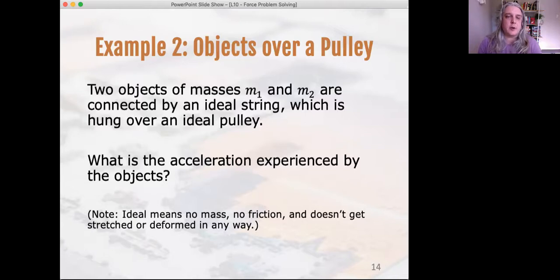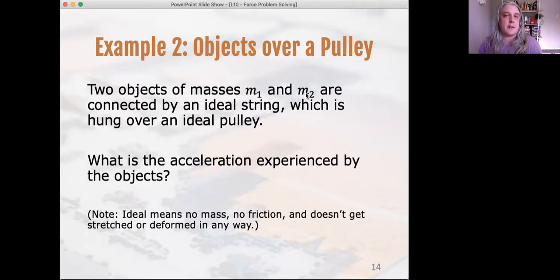So two objects over a pulley, what is the acceleration experienced by the objects? You'll notice that we have not been given any numerical values. We know gravity, sure, but we haven't been told what the masses are. When you are given a question like this with no numerical values, your answer is going to be an equation in terms of these variables, in terms of M1 and M2.